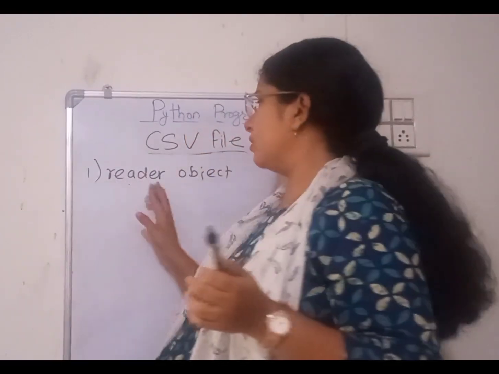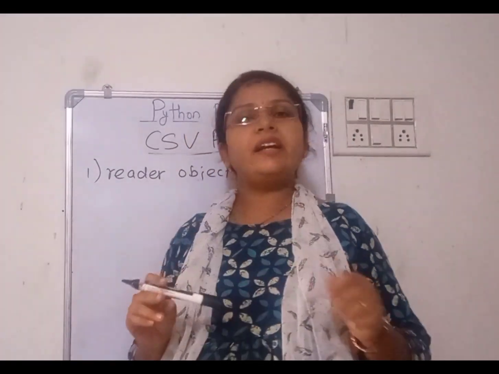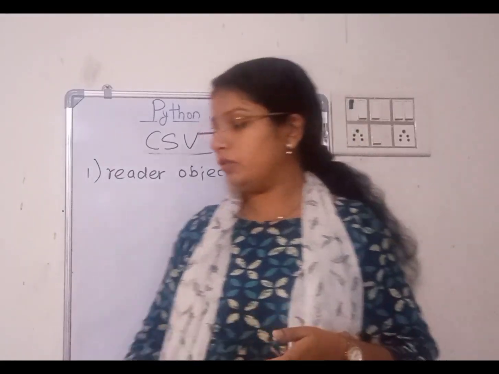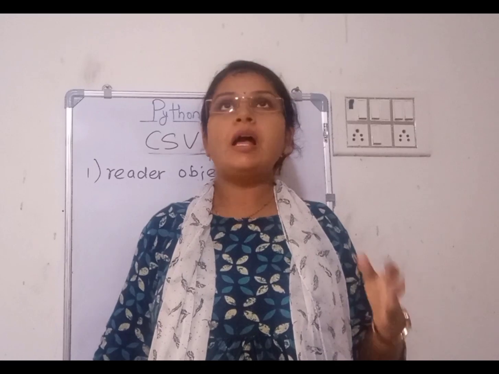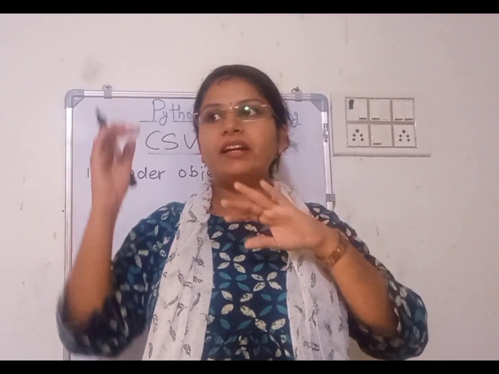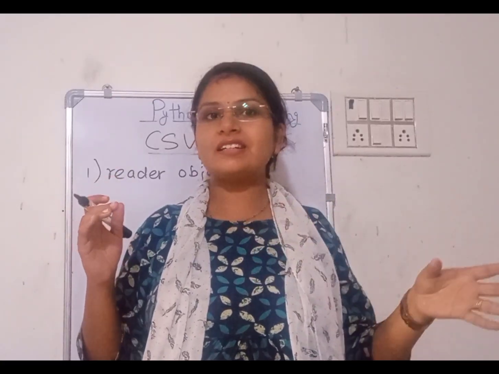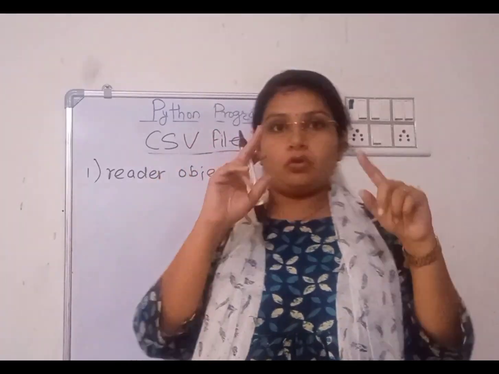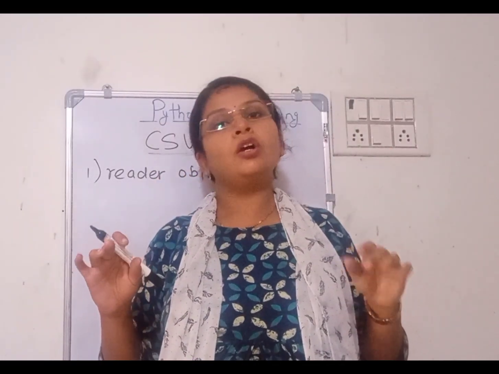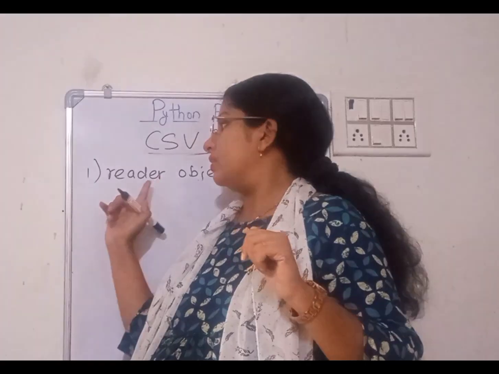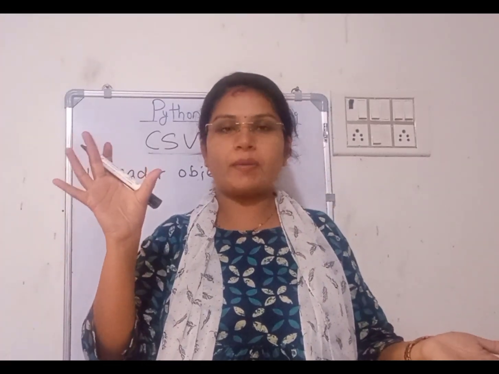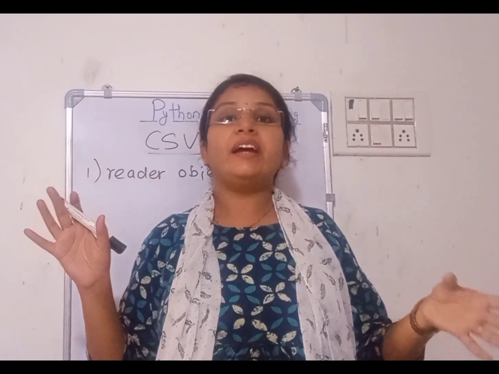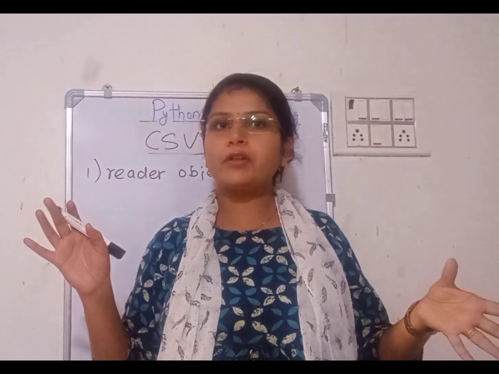First we will see the reader object. The reader object is useful when you need to read from the CSV file and you cannot read or display it as it is in the Python output window. So you need to convert the CSV data, comma separated data, into some iterable object. What is an iterable object?